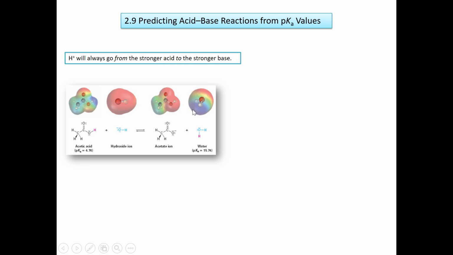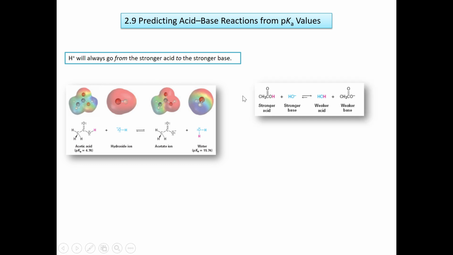Which is the stronger acid? Acetic acid. That means this equilibrium will go to the products. Why? Because the stronger acid is on this side. It has more tendency to give the proton and form the products.